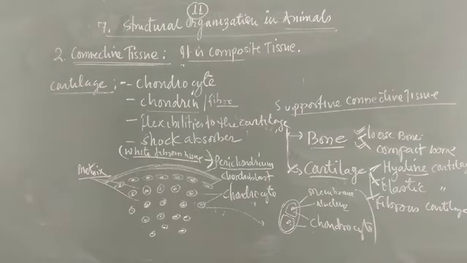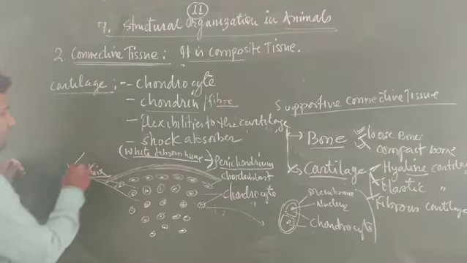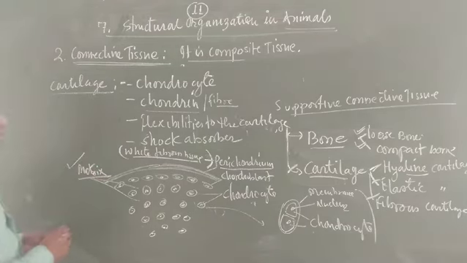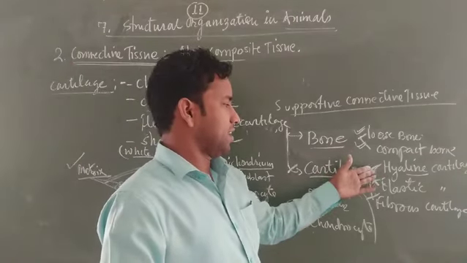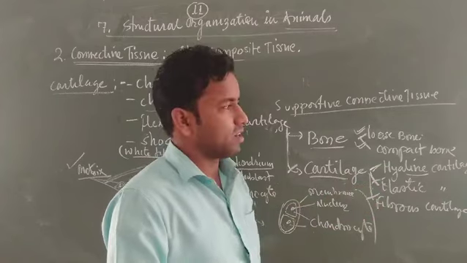Now students, the protein found in this is called chondrine, and depending upon the nature of the matrix, the cartilage is further classified into three categories: hyaline cartilage, elastic cartilage and fibrous cartilage.